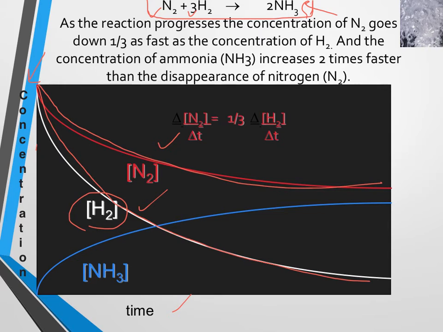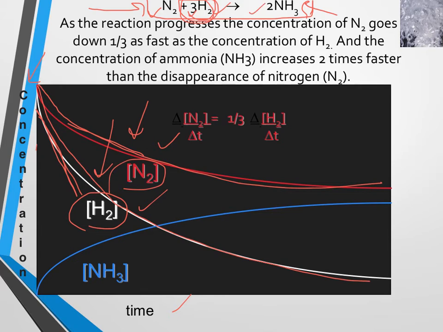So if I were to draw a line tangent to the hydrogen line, I would guess the rate of disappearance is quite a bit faster than the rate of disappearance of nitrogen. Why is that? It's always due to stoichiometry. You can see by looking at the stoichiometry that hydrogen is going to disappear 3 times faster than nitrogen, and that's what you're seeing in the difference in these lines.